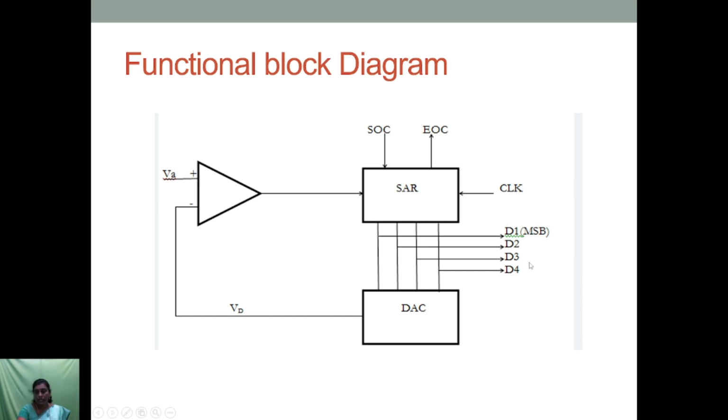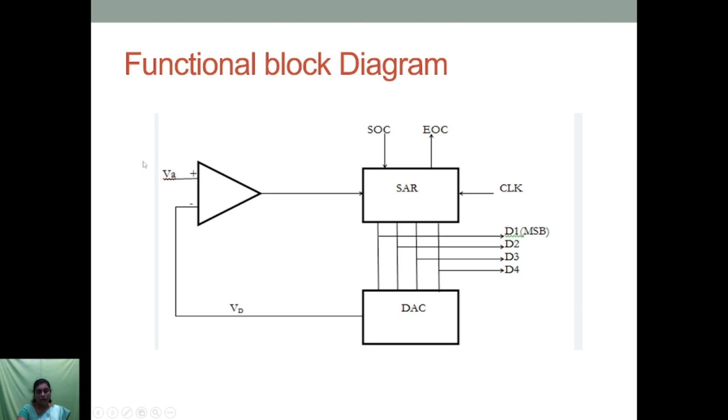Now here you get the 8-bit digital output. This digital to analog converter will convert this 8-bit digital output to the corresponding analog signal, which is given as the input for the comparator. At one terminal we have the input analog signal, and at the other terminal we have the output from the digital to analog converter.